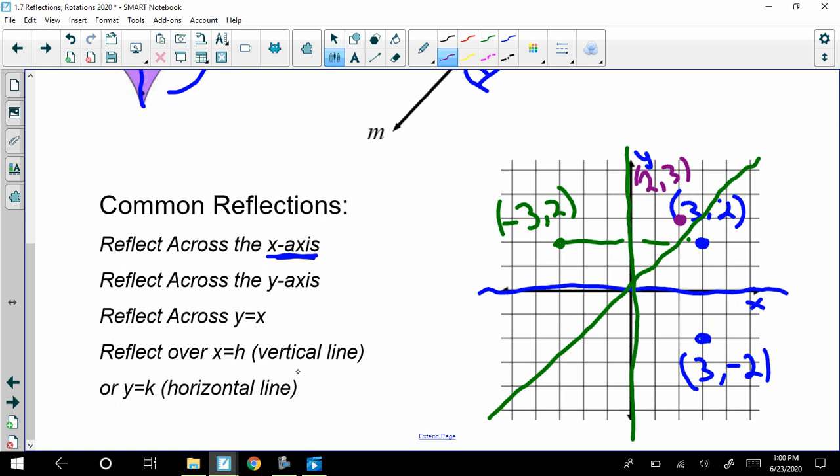Other reflections are over a vertical line. Remember, a vertical line is x equals, and a horizontal line is y equals. A vertical line is up and down, a horizontal line is left and right. Make sure you get that straight. It's really bad if you have a test and you're supposed to reflect over a vertical line and you make it horizontal. You take a really easy problem and make it much more difficult.